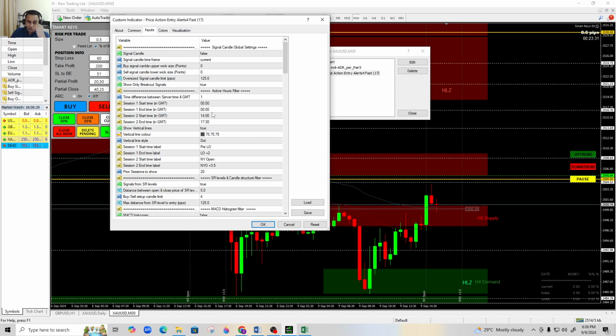If they tell you their server time, you can find the current GMT time and work out the hour difference, put that down there, and set this. If you put that correctly, the vertical line should automatically line up correctly.